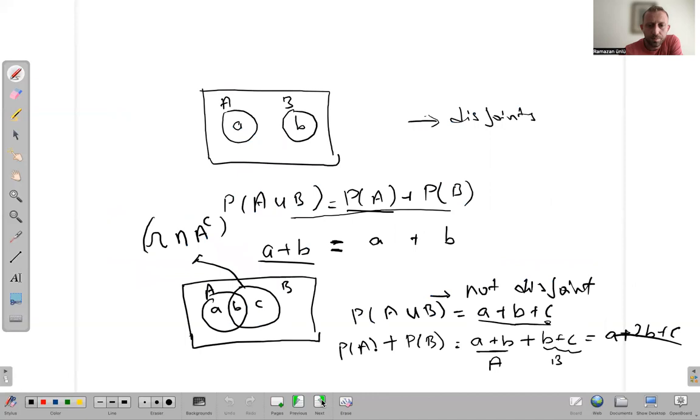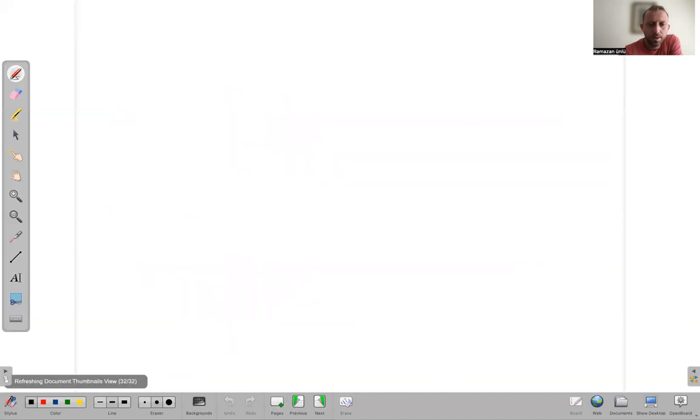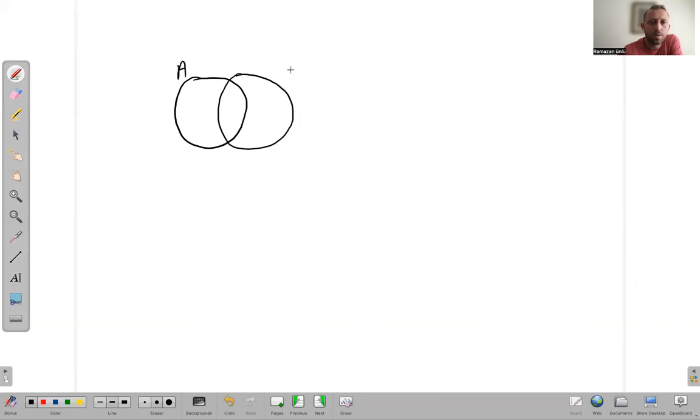Again, let me create the events, and let's say we are working with 3 events, okay? This is A, this is B, and this is C. And give some numbers to define the probabilities. This part is A, this part is B, this part is C, this part is D, E, F, and G. Okay?